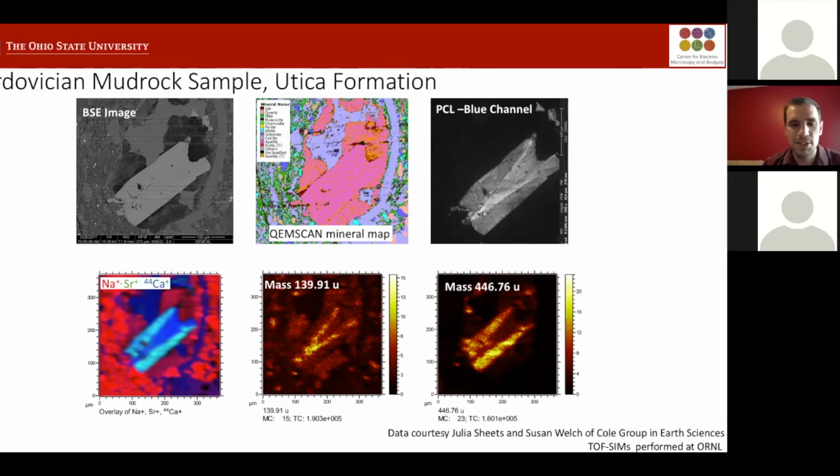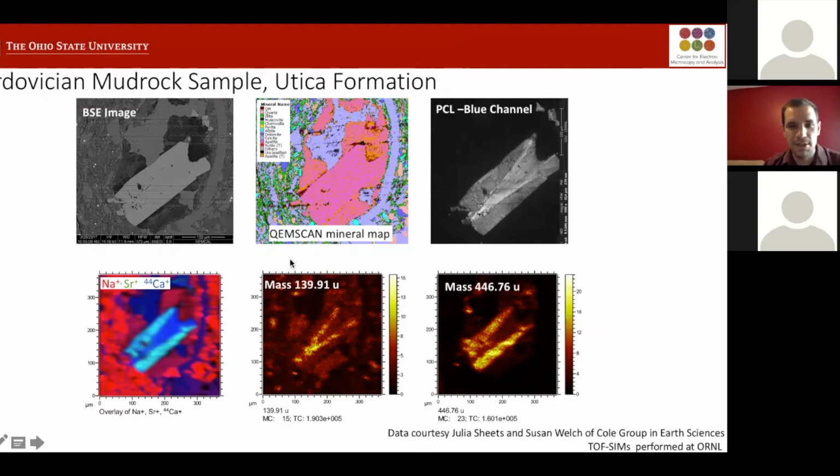You don't really get too much more information from its trace elements. But then as soon as you start to use panchromatic CL imaging, then you can see there's definitely something else going on in this sample. It doesn't have a lot of specificity into what those actually are. You can do some literature and figure out possibly what it is.